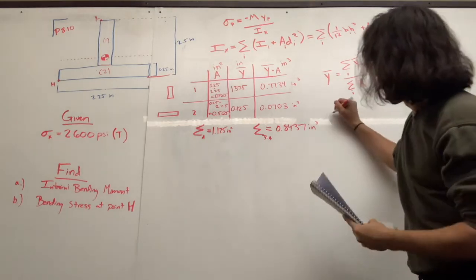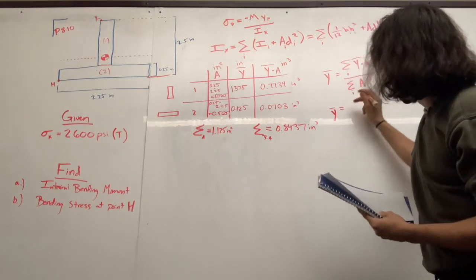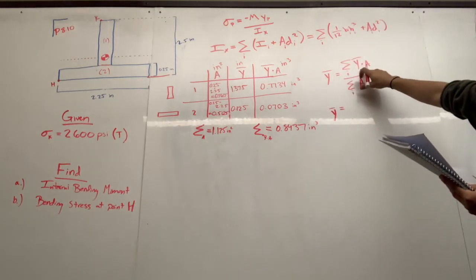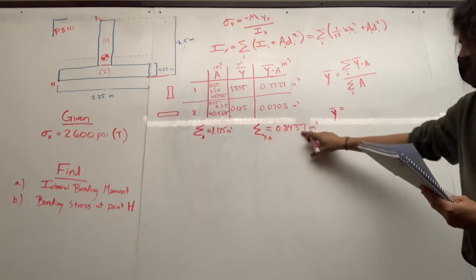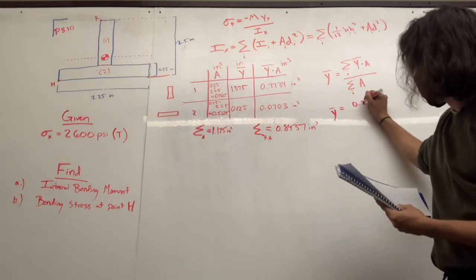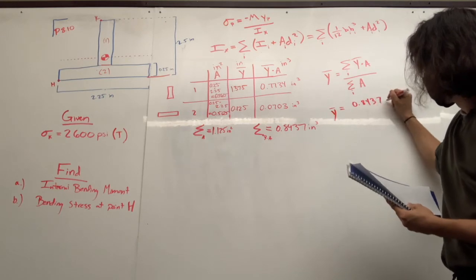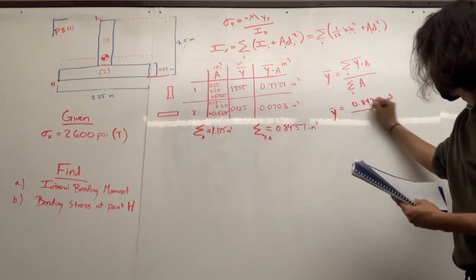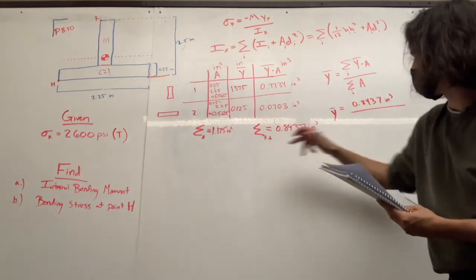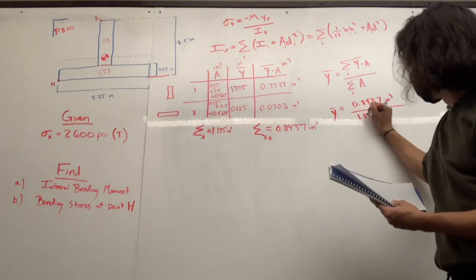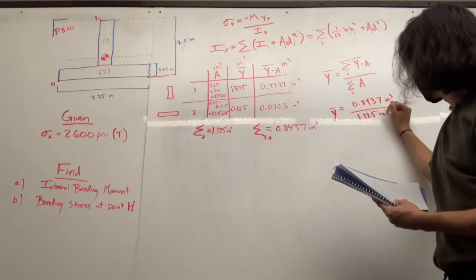So we'd be left with y bar equals the summation of y bar times A, which is this term, so it'd just be 0.8437 inches cubed divided by this term that we calculated, 1.125 inches squared.